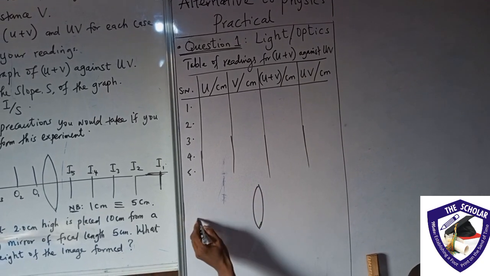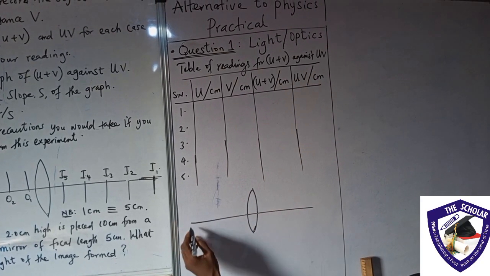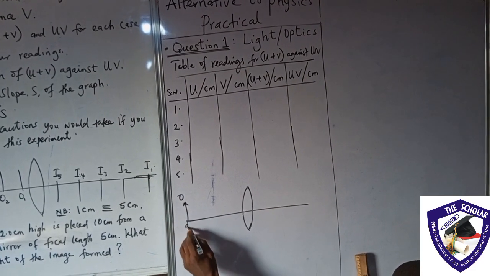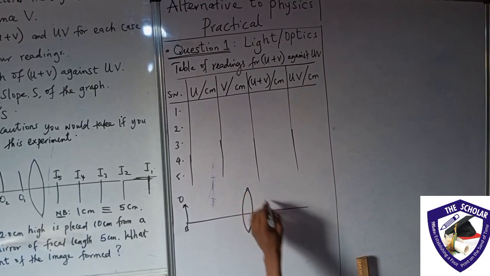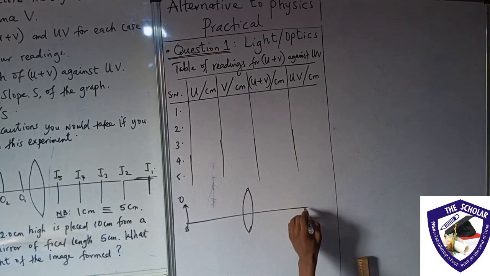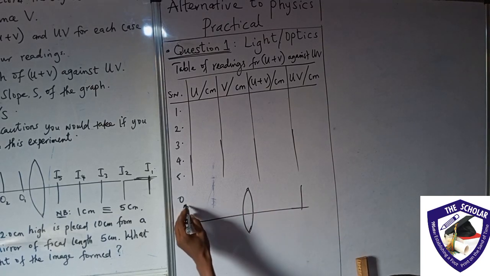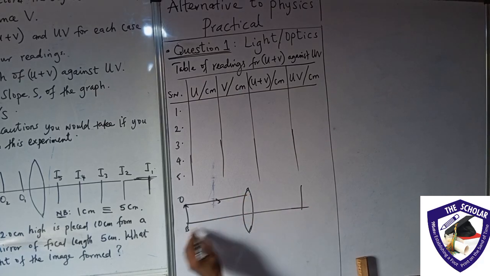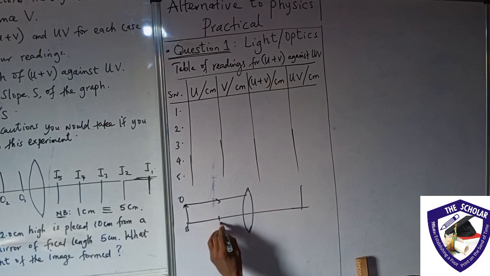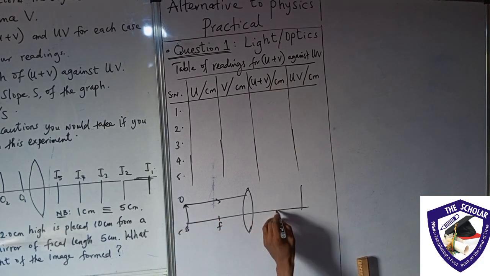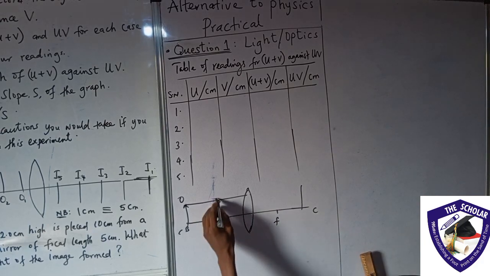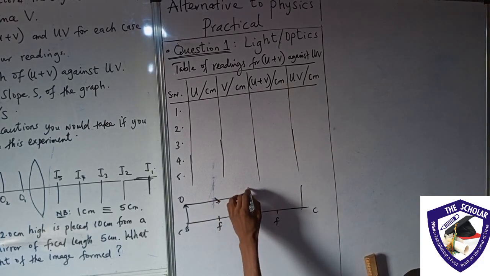Let's say you have this, and this is the plane. On this plane, I have my object here, OB, then my image on the other side. Let's say this is our F, and my C somewhere around here. When a ray of light travels, this is our normal.